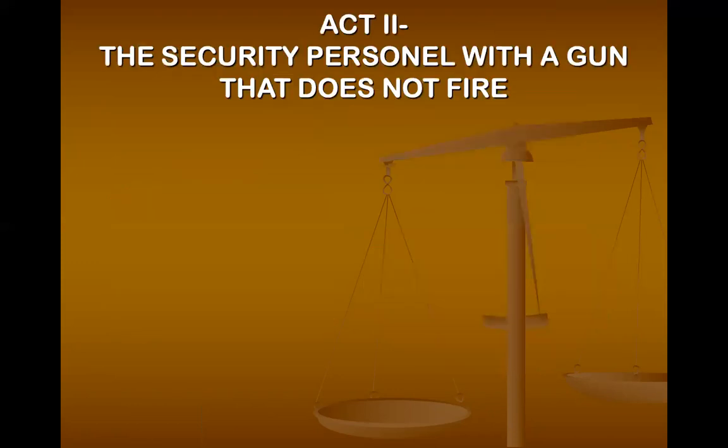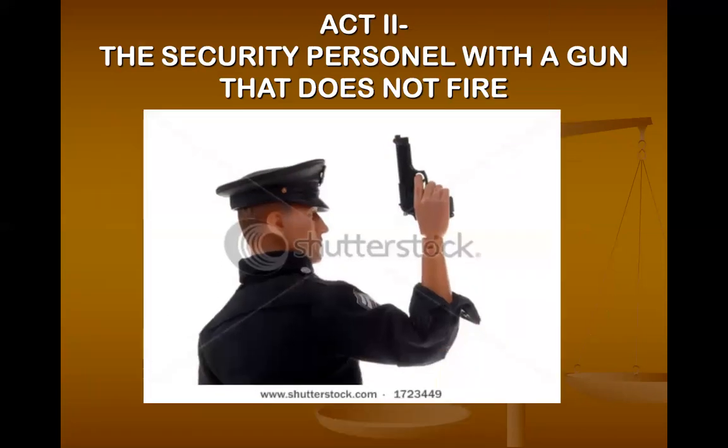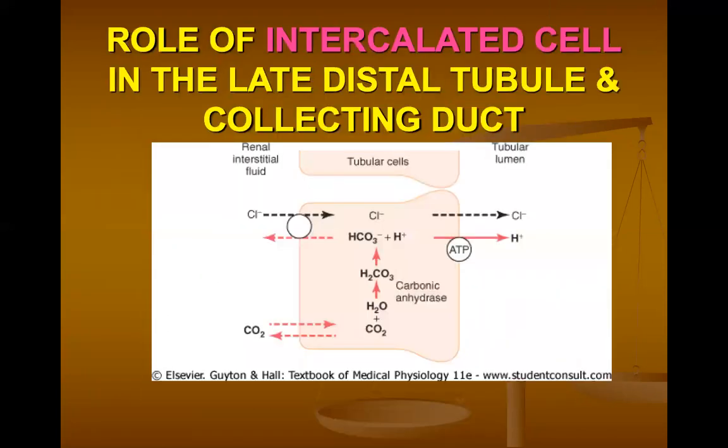Now we come to Act 2, that is the security personnel with a gun that does not fire. This is the story in the intercalated cell. The intercalated cell is the hydrogen secreting cell in the late distal tubule and the collecting duct. The main cell in this part of the nephron is the principal cell, and the intercalated cell secretes hydrogen ions.